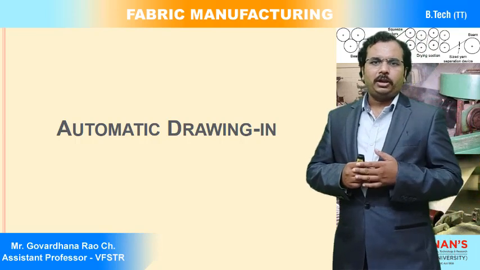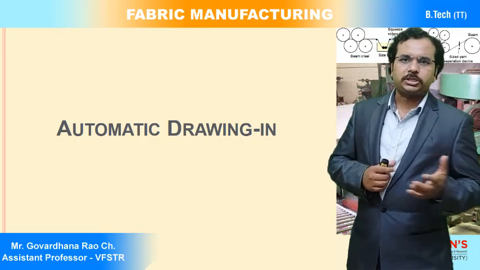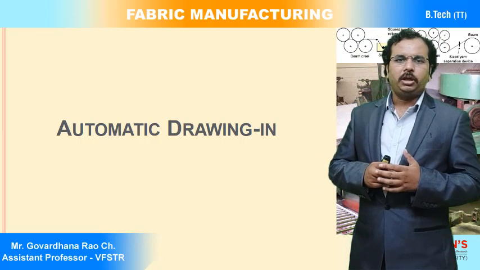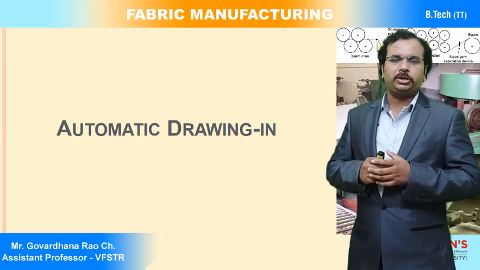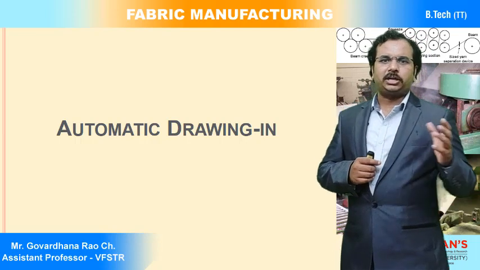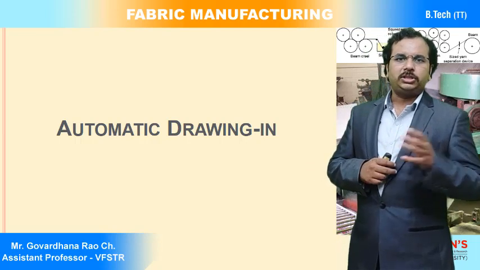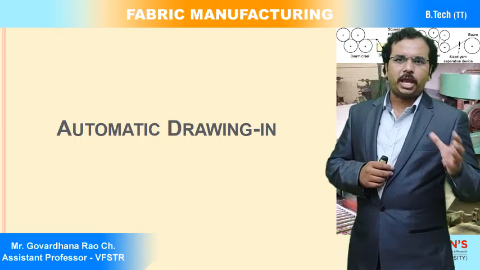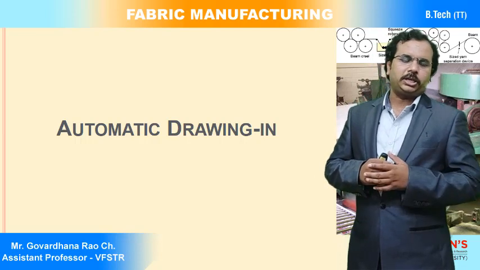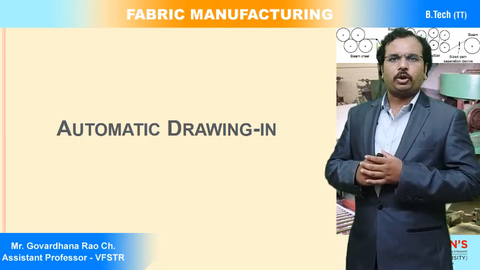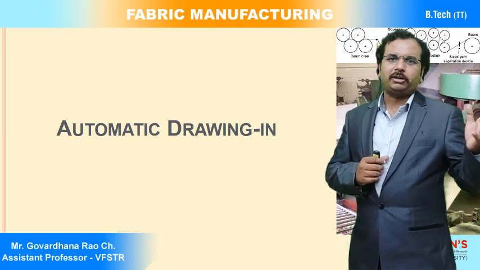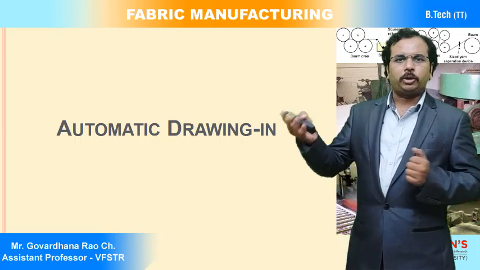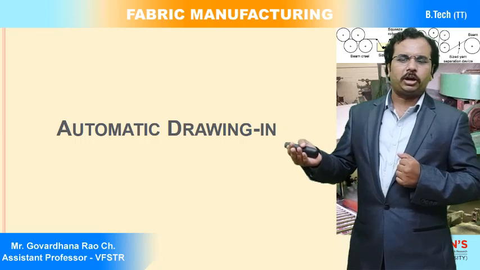For example, if the manual drawing in process takes 8 hours, by using the automatic drawing in machine, the same number of ends and same count can be completed within 1 hour. So 8 hours manual time and automatic drawing in time is 1 hour or 1.5 hours.